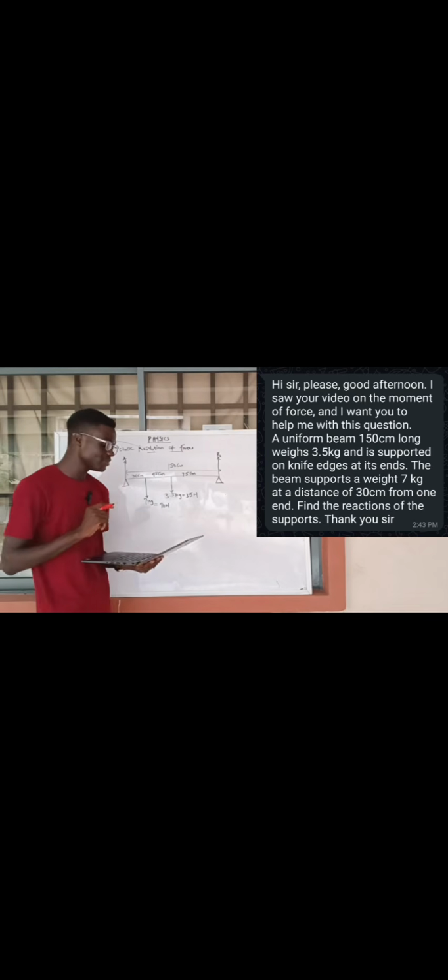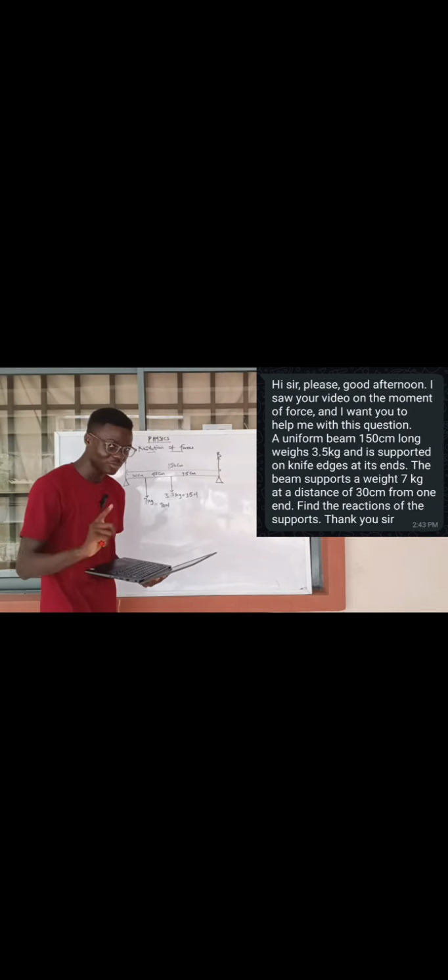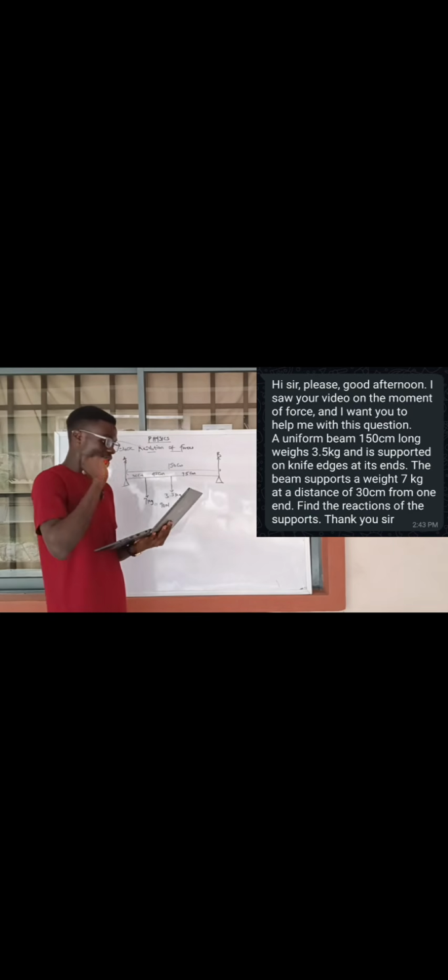So this is the interpretation of the question. A uniform beam 150 centimeter long, that is from A to B, and they said it's uniform. The center of gravity of a uniform beam is always at the middle. What's center of gravity? Center of gravity is the point where all the resultant weight acts.